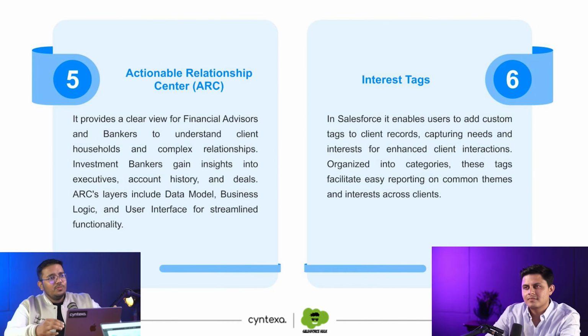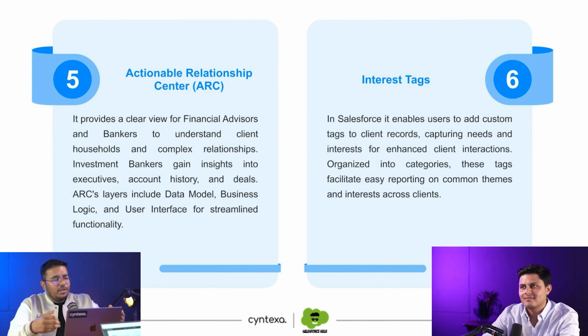Then we have Actionable Relationship Center. It is a much more advanced version of the relationships we just discussed. It allows complex connections between the data in our system. I will explain it with an example. In our current scenario, we have the Adam household, which has Ivan as their lawyer.